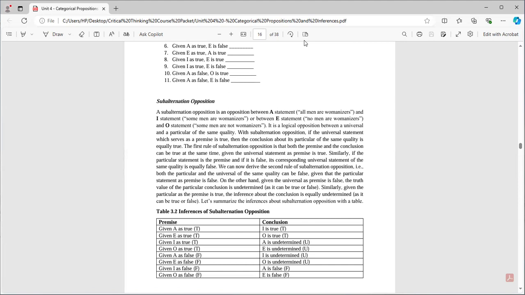But if it's false, the universal is false. If "some men are thieves" is false, then its bigger picture, "all men are thieves," cannot be true. That is also false. So when the particular is false, it necessarily affects the conclusion, which is the universal, to be false.